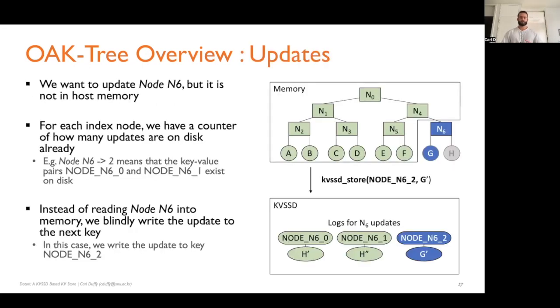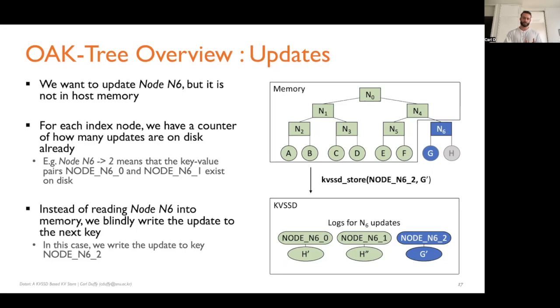As an example, we have a B+ tree, or the memory portion of the Oak tree, in memory, but node N6 isn't in memory. We didn't have enough memory to store it, but we want to update node N6 with the delta of G. What we do is we read a counter for each index node in memory, and that counter will tell us how many outstanding updates are already on the disk for this index node. In this case, N6 has 2 updates already on the disk.